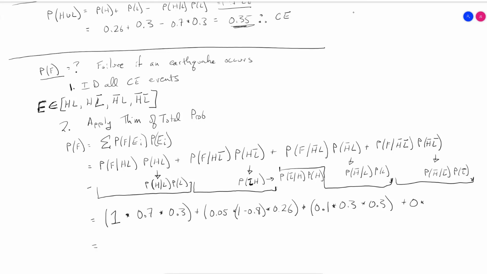So now we can do the math and add all those up, and we get about 0.22 as our probability of failure given an earthquake happens. So an earthquake happens, we have about a 20% chance of failing once we add all of these different probabilities up and extrapolate them out.